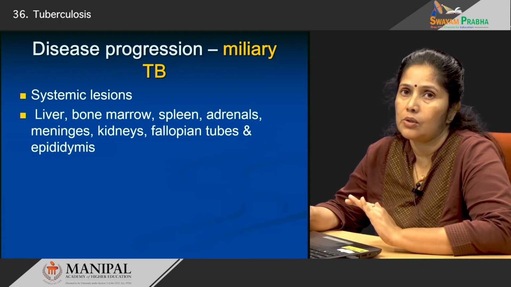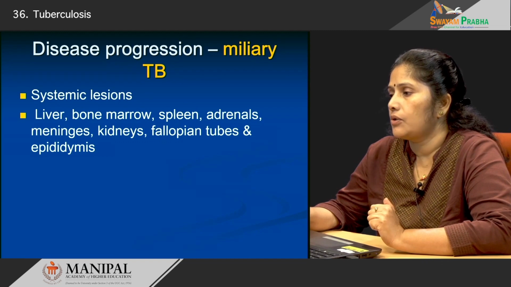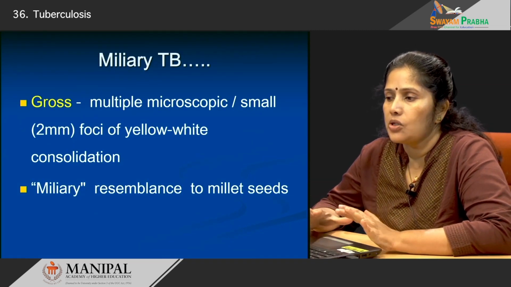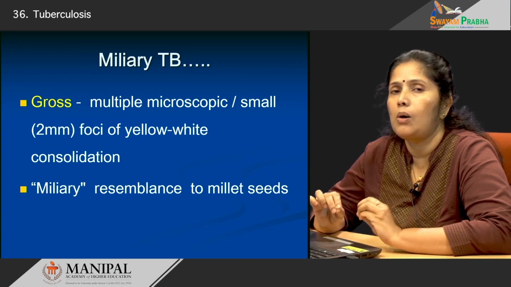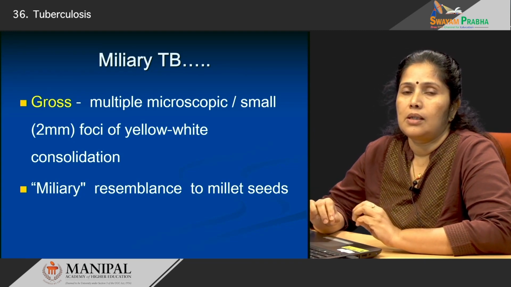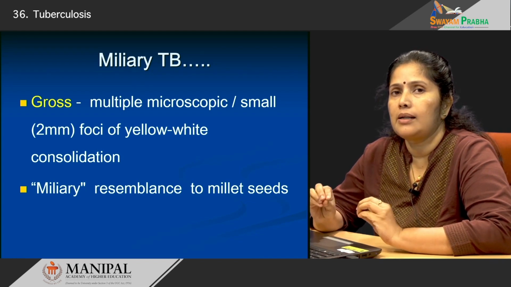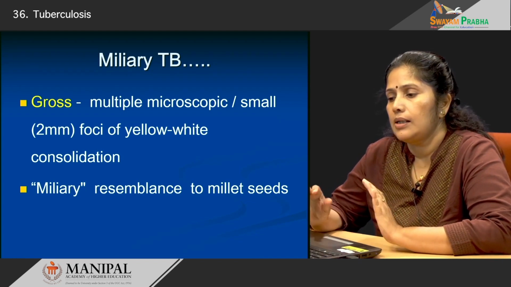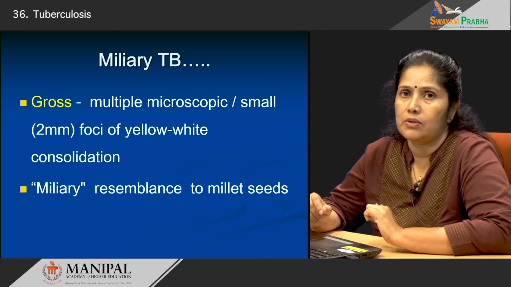In secondary tuberculosis, we spoke of apical lesions. However, in miliary tuberculosis, the patient will have multiple microscopic small lesions. It is not one lesion, it is multiple microscopic dot-like lesions throughout the lung or in the organ which has been involved.